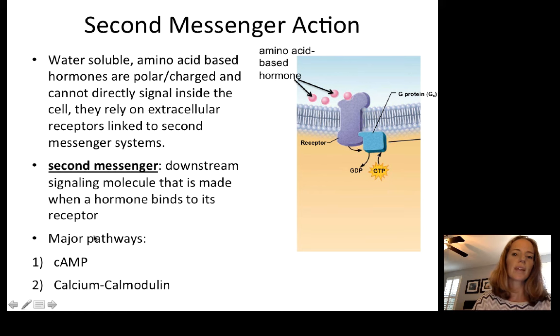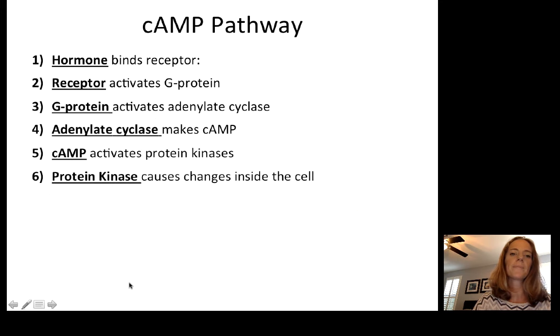And we have 2 second messenger pathways, the cyclic AMP pathway and the calcium-calmodulin pathway. So in the cyclic AMP pathway, the hormone will bind to a receptor. It's a G protein coupled receptor, meaning that when the hormone binds to the receptor, it makes a change in that receptor. We call that a conformational change from the binding.